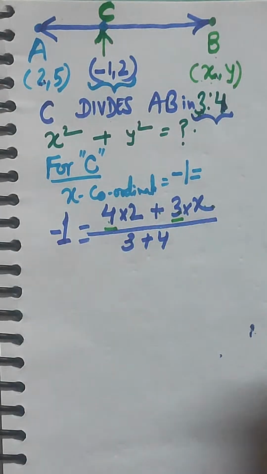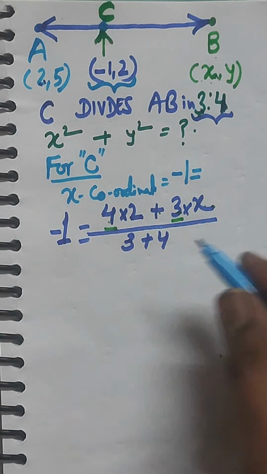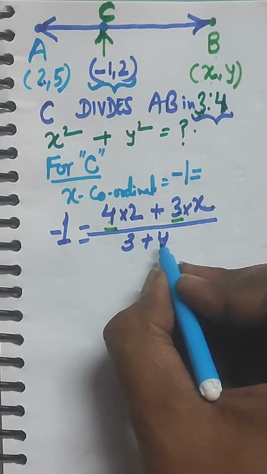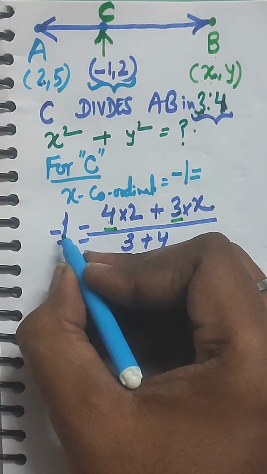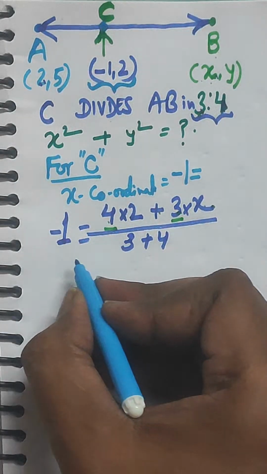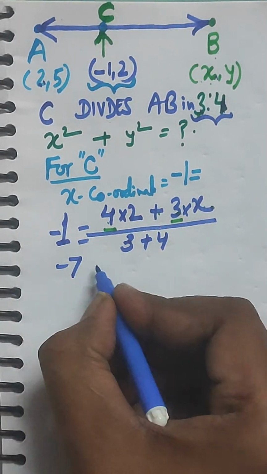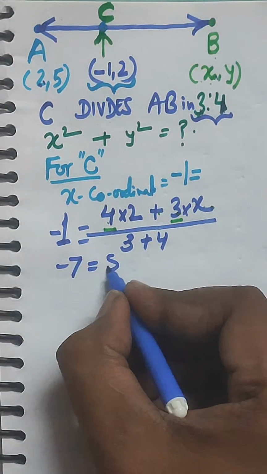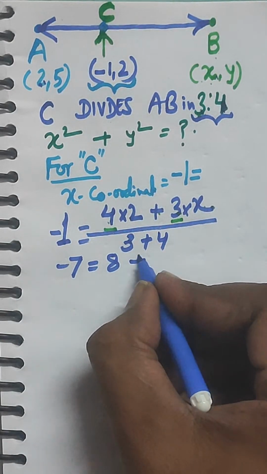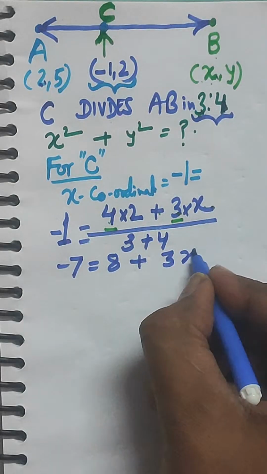Now when you simply solve it, you will get 4 plus 3, 7 going into the LHS, it will be giving you -7 is equal to 8 plus 3x.